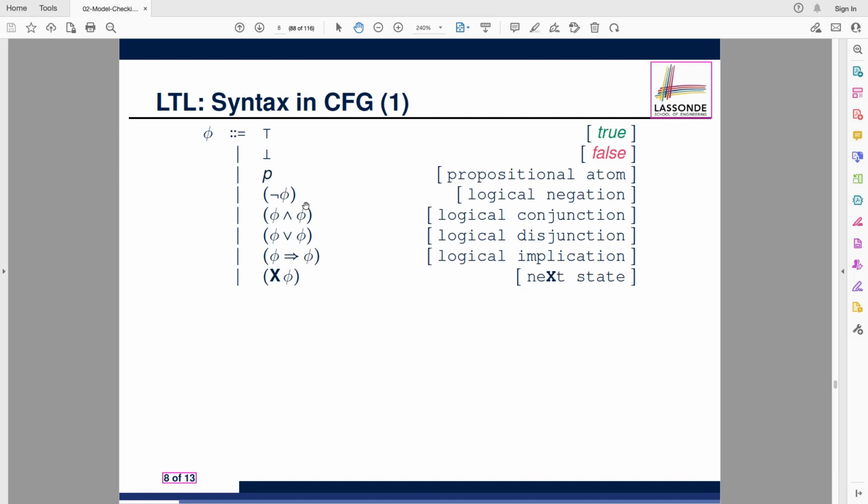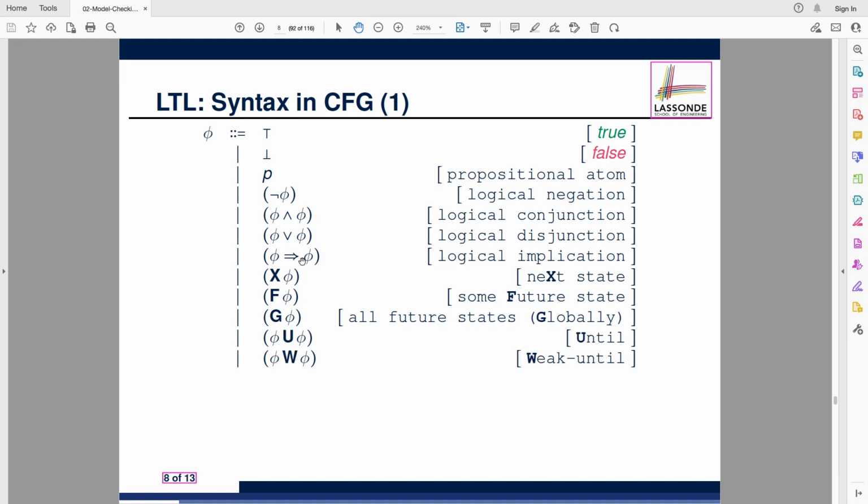And there we go. One operator is called the next operator. Another one is called the future state operator, the globally true operator. Also until, weak until, release. These are all the temporal operators we have to learn gradually. We'll do examples, don't worry, but we have to learn them.